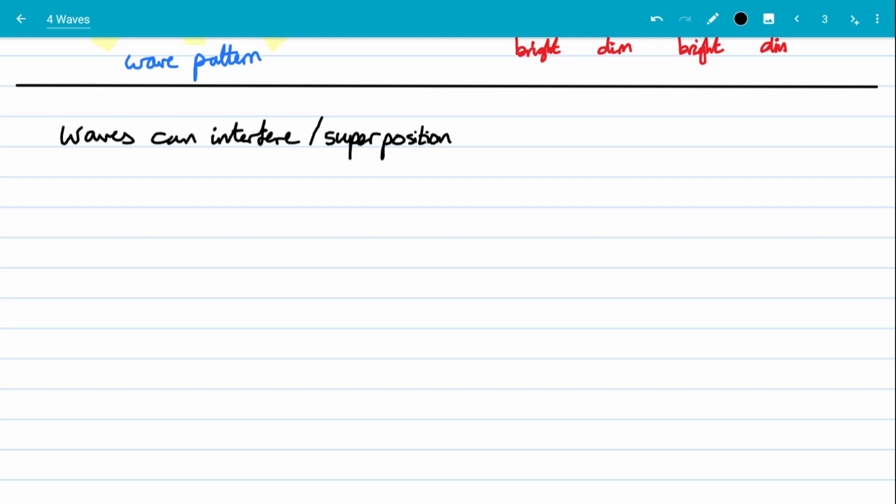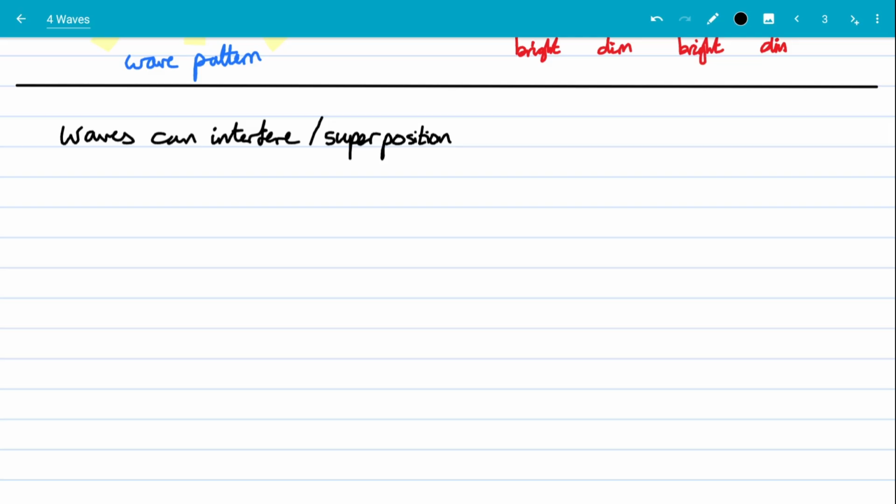Displacement is a vector. And so if the wave, which is just influencing something, in the case of the water wave, the height of the water is influenced by the wave, we can add up the effects of two or more of these influences. So we can add up the displacement of the water due to one wave and due to another wave and due to another wave and so on, and get a resultant displacement.